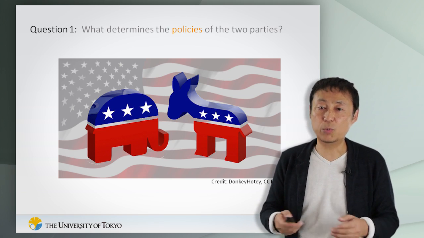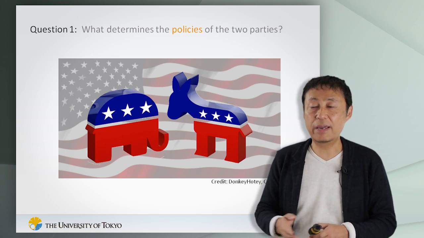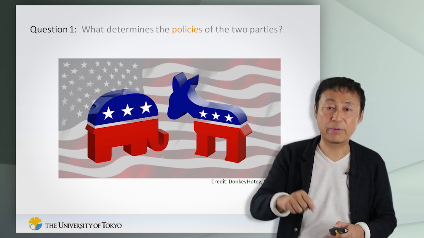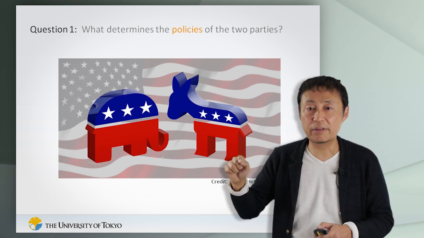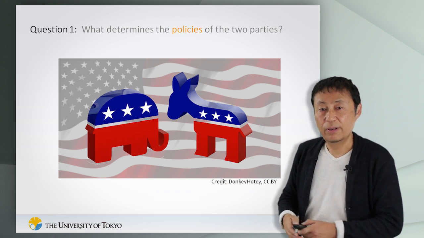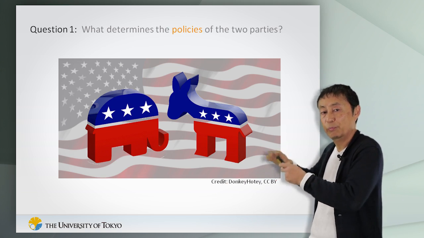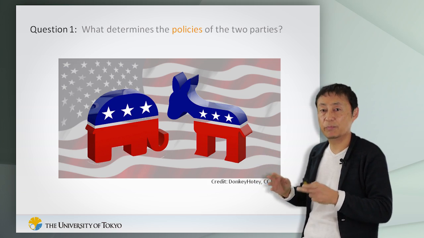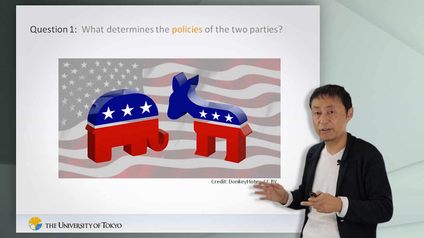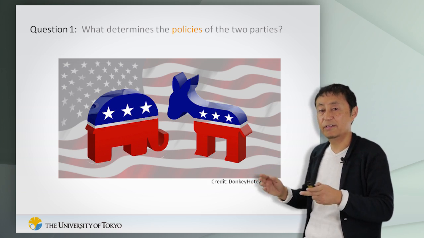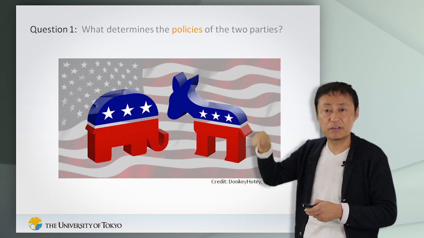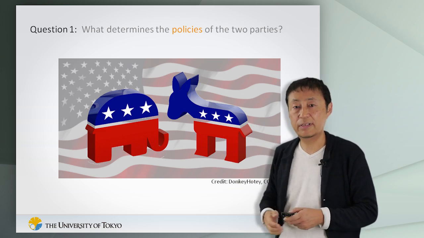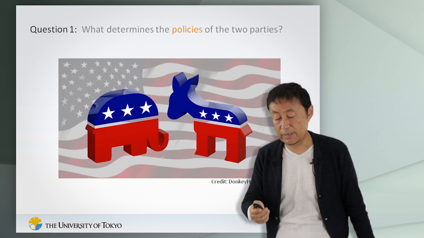It's not so obvious where you start. But game theory provides you a unified way of solving all social problems, including this one. So you formalize the political struggle between the two parties by means of a simple mathematical model. I'm going to show you how to do that. And then you apply the basic solution concept of game theory, and then you get an answer. Okay, this is what I'm going to tell you at the end of this week.